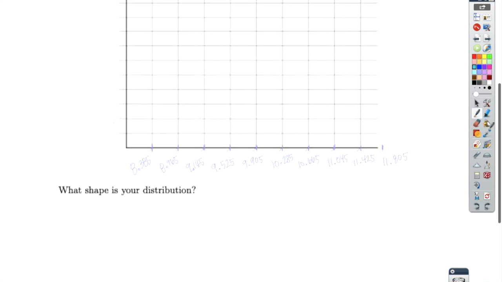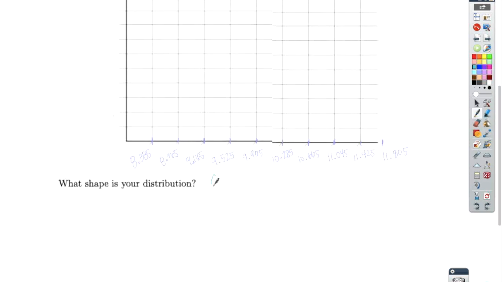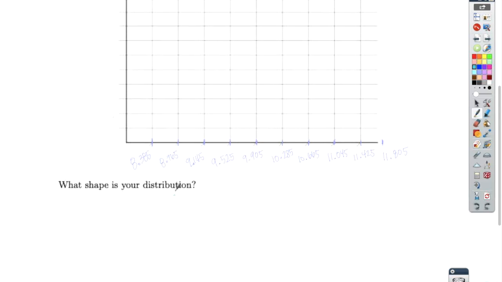That's my horizontal axis. Actually, let me be more precise than that. I'm going to say mean length of fish in a fishing pond.